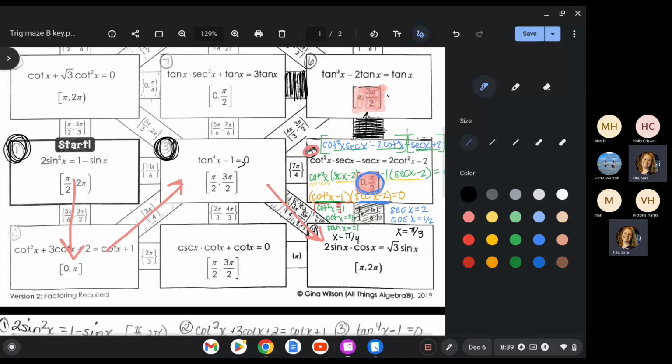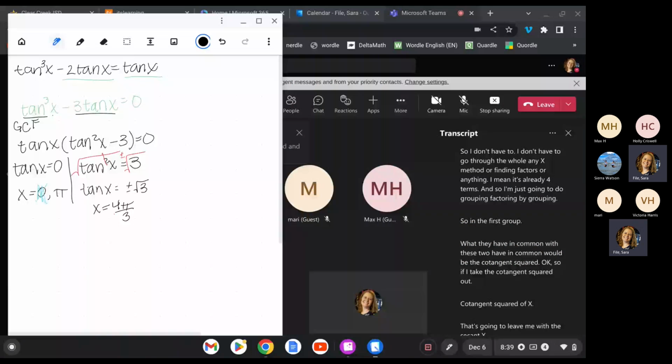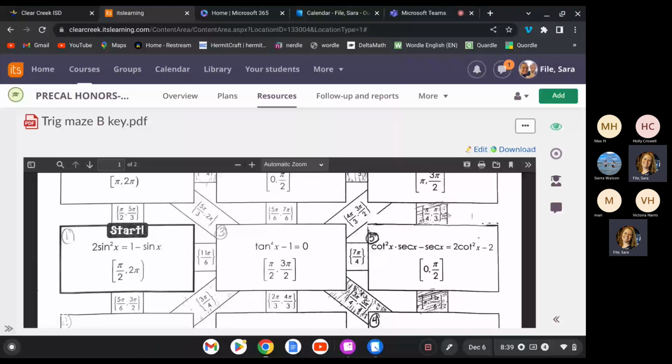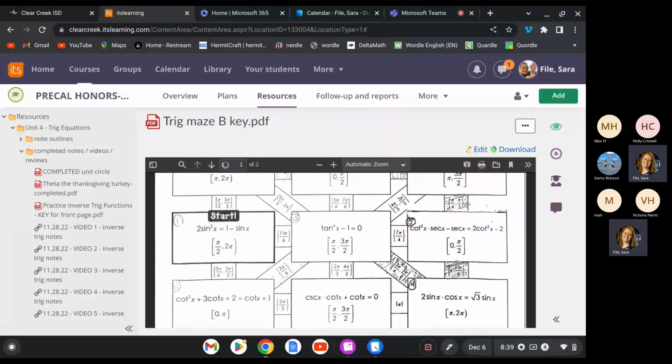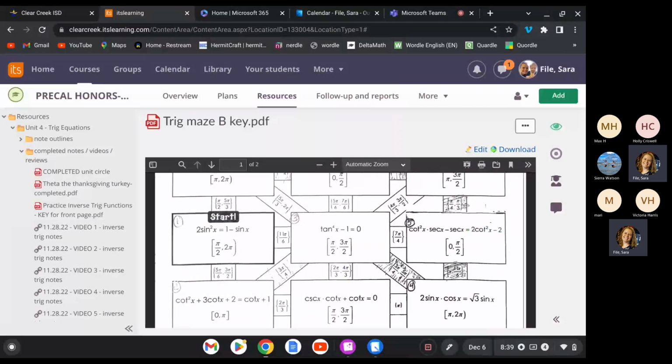So the mazes were just the solving trig equations portion, which is part of it, but we've also got inverse trig and just knowing your values around the unit circle. The quiz you all took was asking specific questions about trig values around the unit circle.